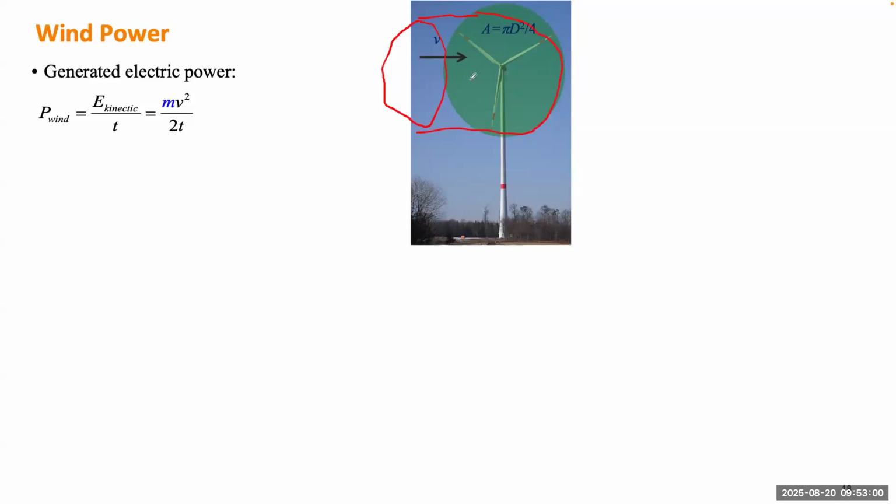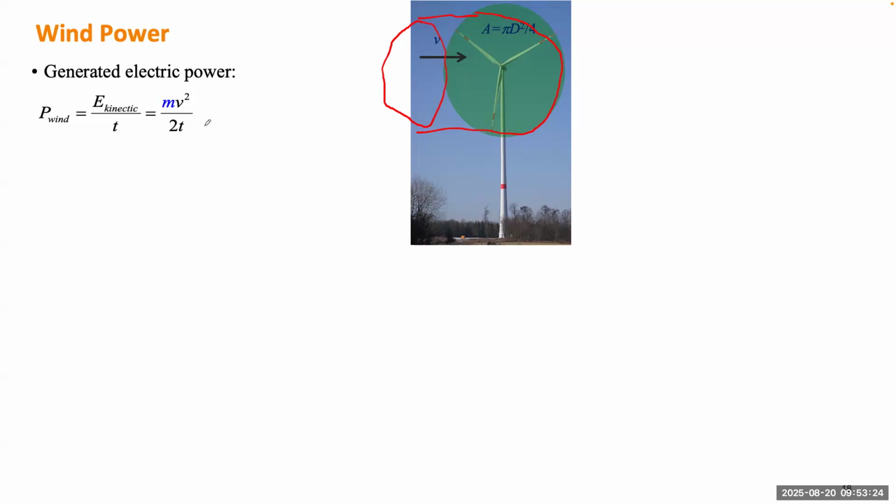air, right, going through this turbine, I have the area which is equal to pi multiplied by the diameter of the blades squared divided by 4, and then multiplied by the length of this volume of air, which is equal to the speed multiplied by time.